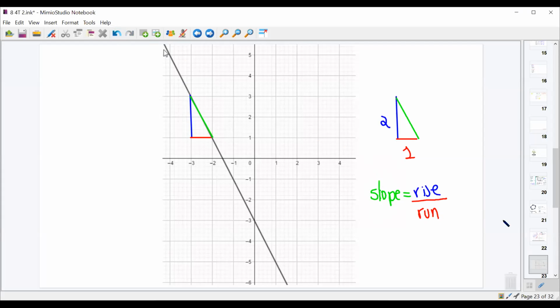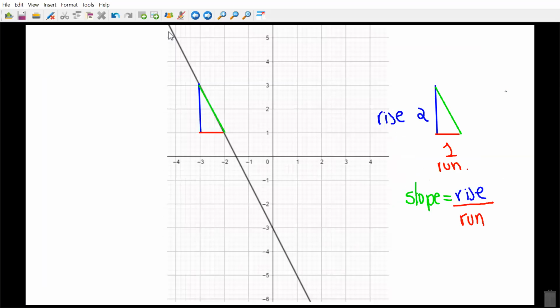what is the rise, guys? What value is the rise? 2. Okay, and what is the value of the run? 1. But guys, is the rise going up or going down? Down. And because the rise is going down, it's negative 2.